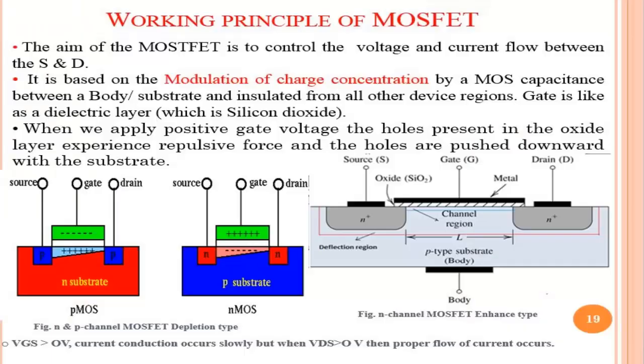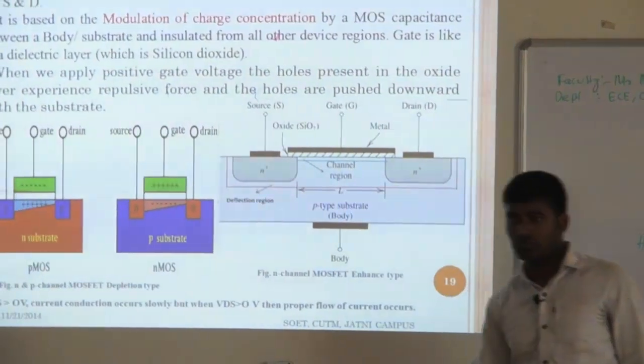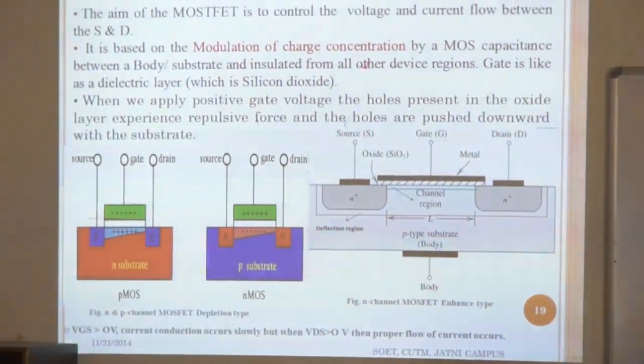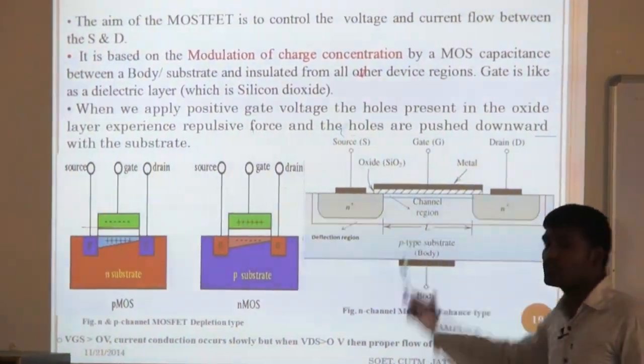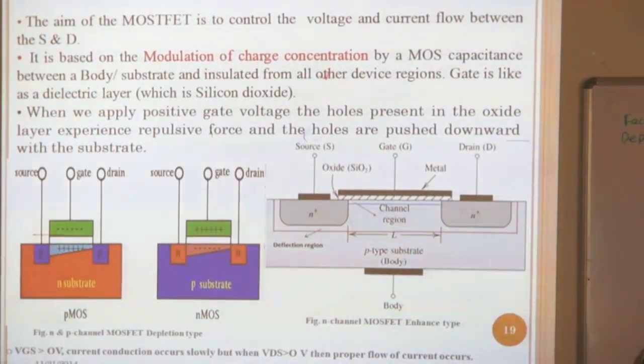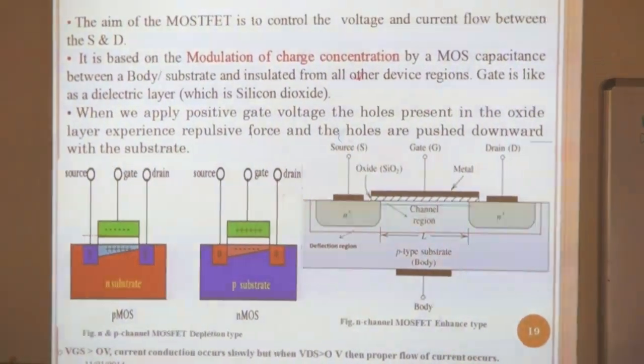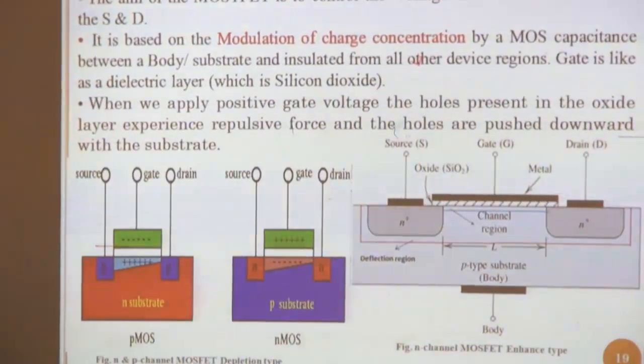Next, it is the working principle of MOSFET. You can see how MOSFET is structured. Similar to the JFET, it also has source terminal, gate terminal and drain terminal. Only one difference is that silicon dioxide is used, which just acts as an insulator.